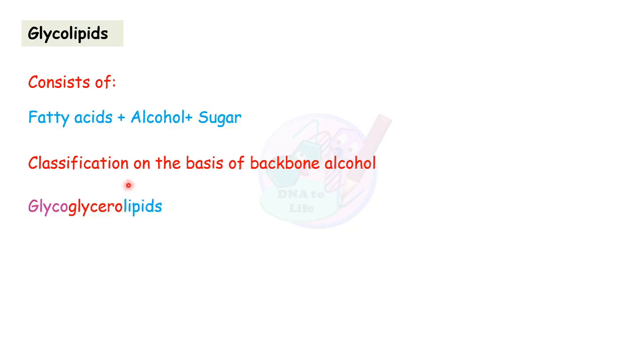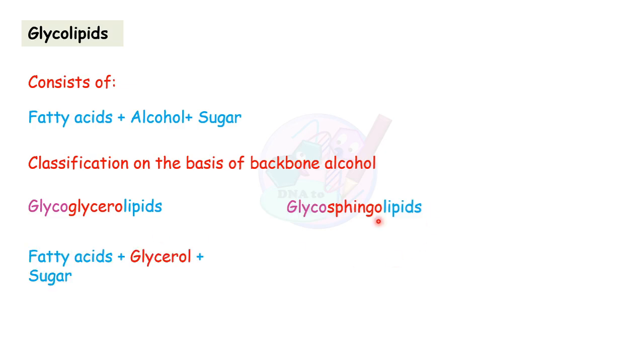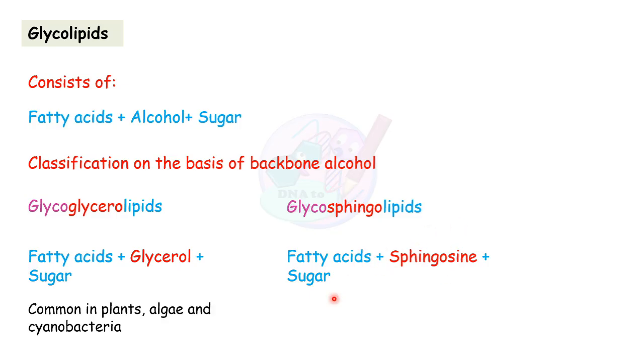First are glycoglycerolipids and second are glycosphingolipids. Glycoglycerolipids contain glycerol as backbone alcohol and glycosphingolipids contain sphingosine as backbone alcohol. Glycoglycerolipids are most common in plants, algae and cyanobacteria, and glycosphingolipids are most common in animals.